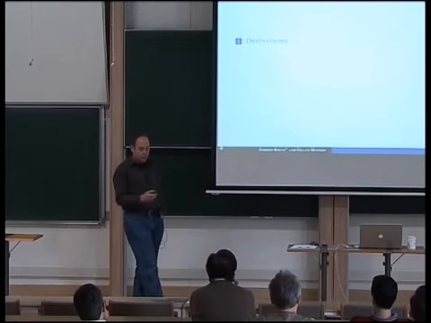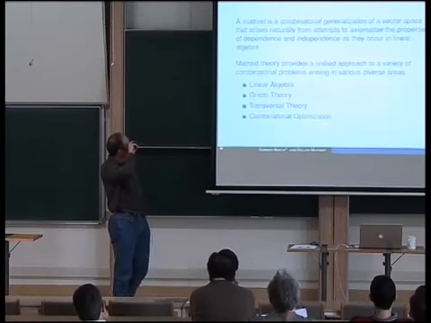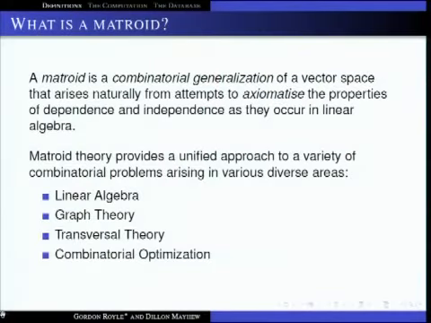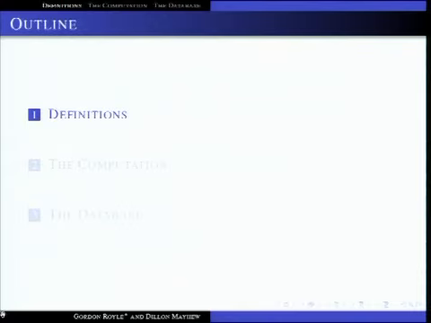Okay, so let's start off with some definitions. So, what is a matroid? Well, a matroid is a combinatorial generalization of a vector space, basically. It arises naturally when you attempt to axiomatize the properties that are enjoyed by, or possibly endured by, vector spaces.